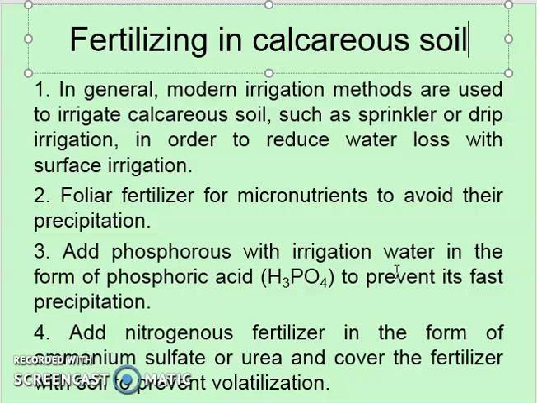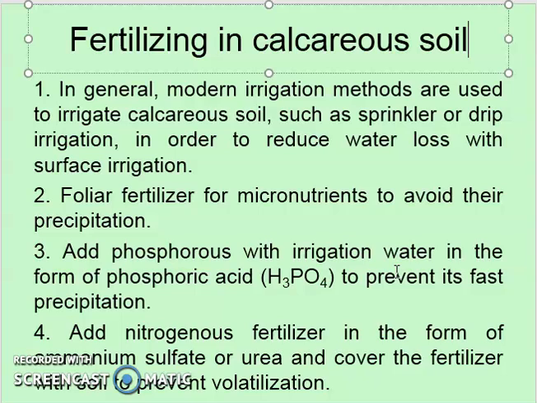How can you add macronutrients? It is generally advised to add macronutrients to the leaf directly, and the leaf can absorb the nutrient, instead of adding these nutrients to soil, where they may precipitate in the form of carbonate.